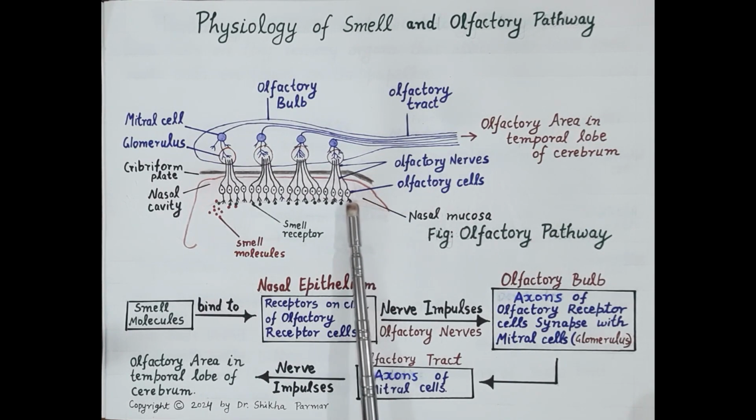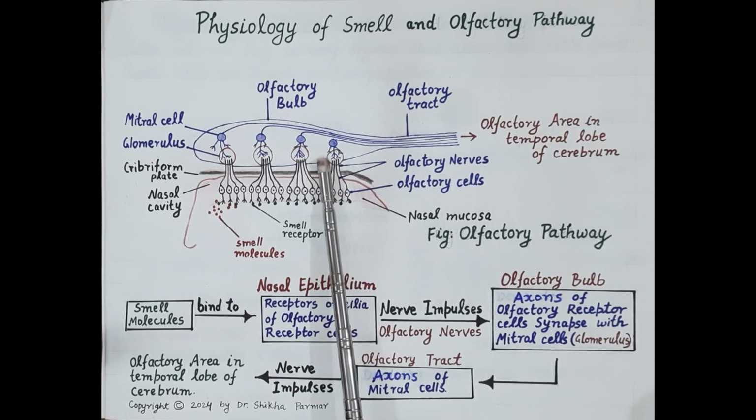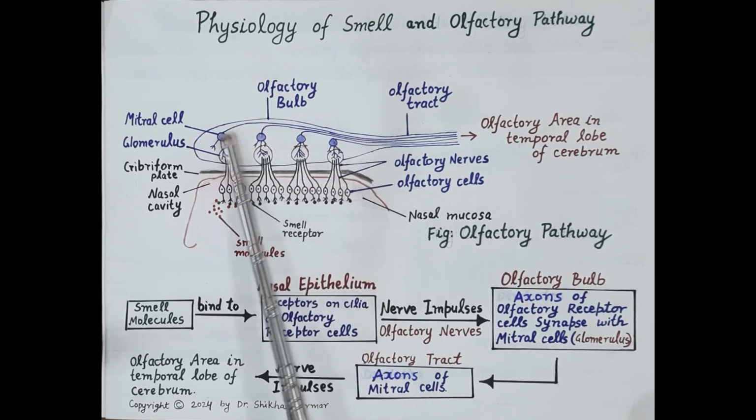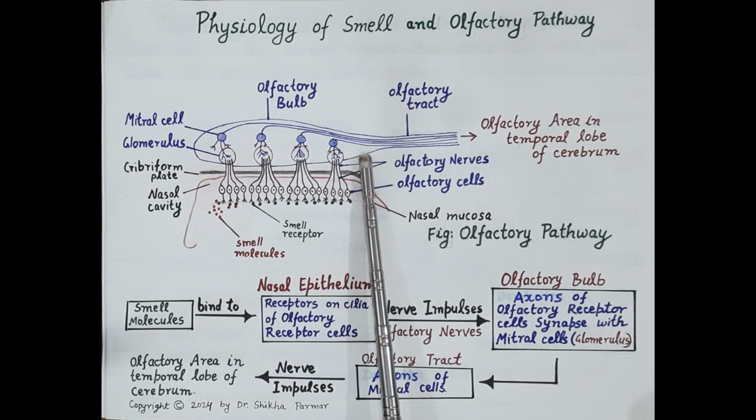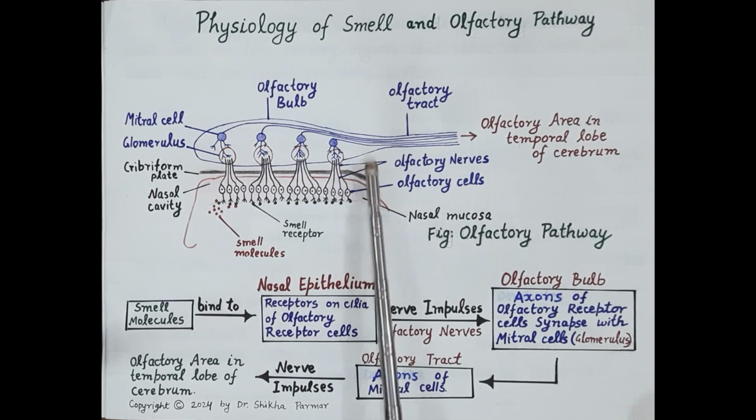Now as we can see here, each olfactory receptor cell possesses an axon. So each axon projects through the perforation of a cribriform plate and transfers the nerve impulses which are generated at the nasal epithelium to the olfactory bulb. This is the olfactory bulb. This olfactory bulb is a region that is located in the brain.